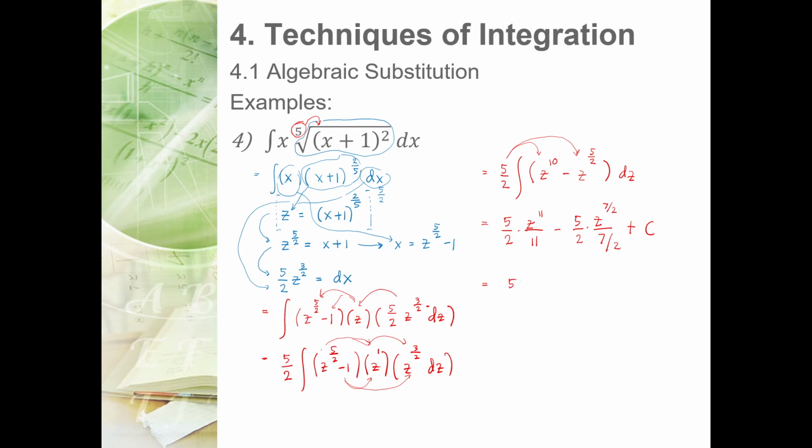So this becomes 5z to the power of 11 all over 22, and then minus 5z to the power of 7 halves all over 7, plus c. The 2 will cancel each other out. And lastly, you have to bring back the value of the z parameter, which is x plus 1 to the power of 2/5.